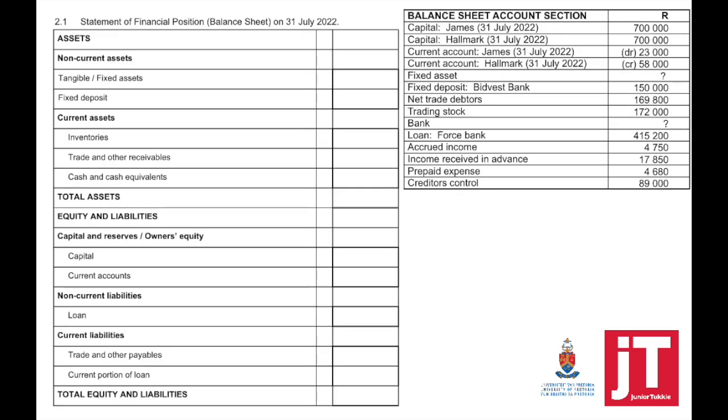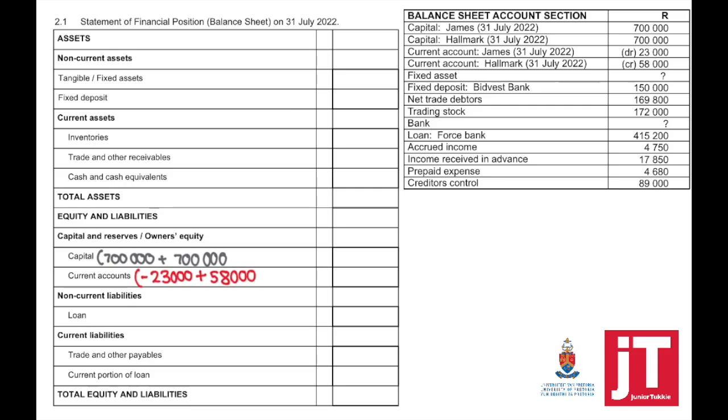Question 2.1, completing the statement of financial position. So our step number 1 is to take the balances from the balance sheet account section and take it where it's supposed to go in your balance sheet or statement of financial position. Make sure that you show your calculations in brackets.